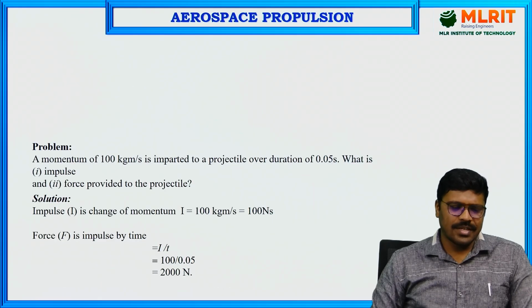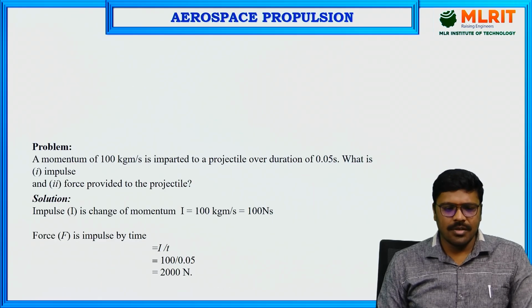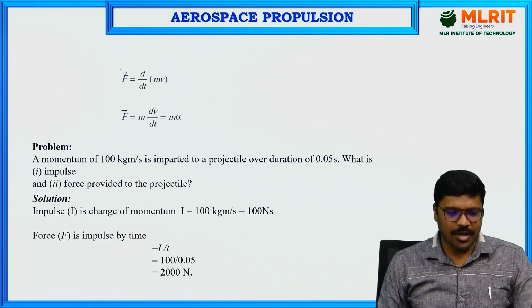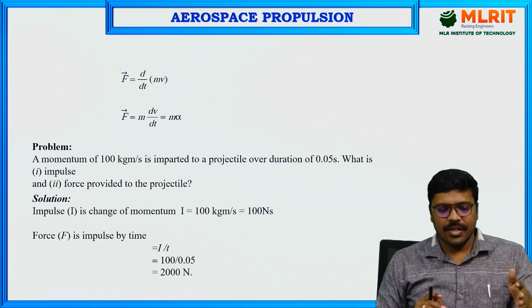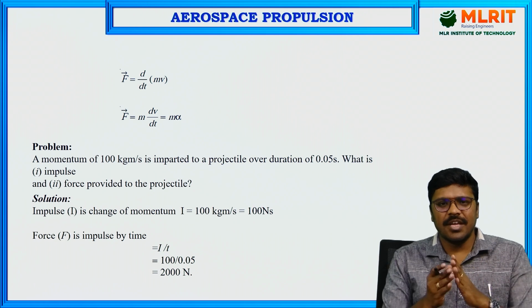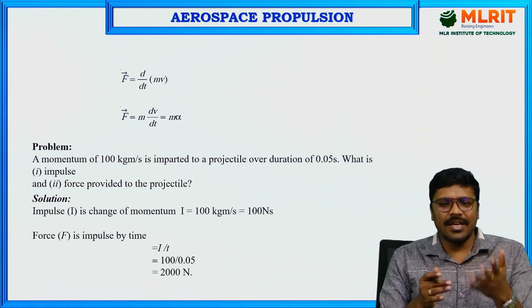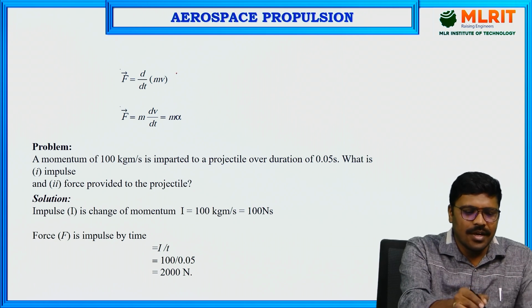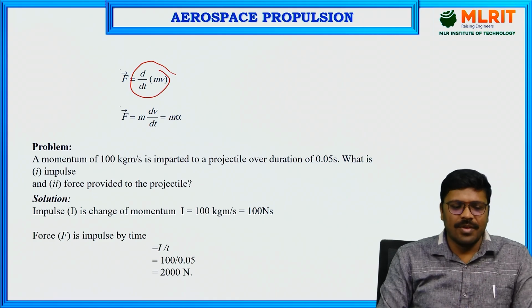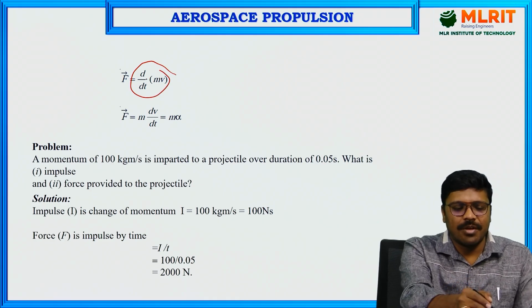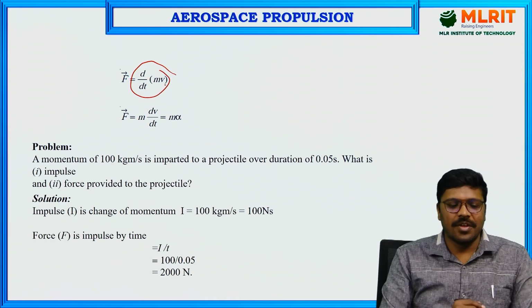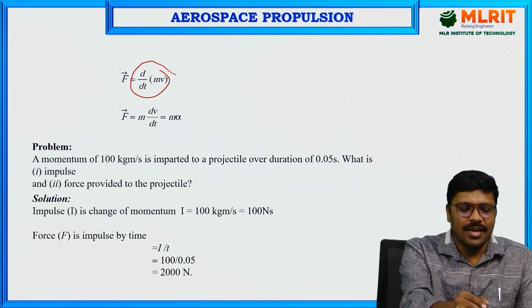So let us discuss a small problem on this topic, momentum. The average force is dp by dt, and the rate of change of momentum is d by dt of mv. Momentum is mv, where m is mass and v is velocity.